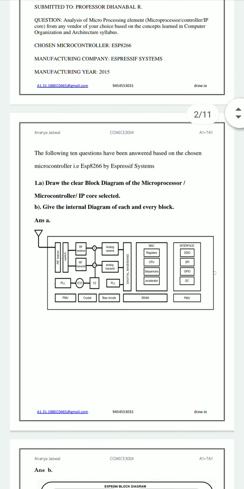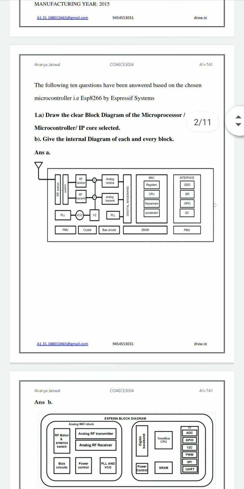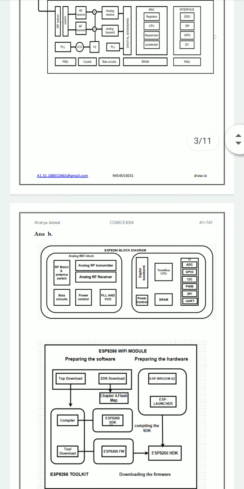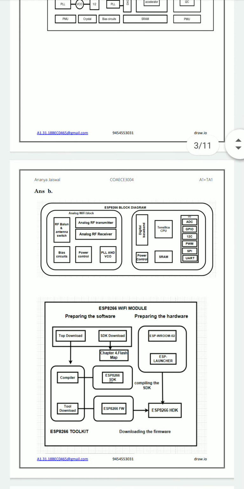Not just a single block diagram. For a clear understanding of the microcontroller, another block diagram has been drawn using the same online tool draw.io by me, and the figure B gives a clear understanding of the ESP8266 microcontroller through another block diagram.